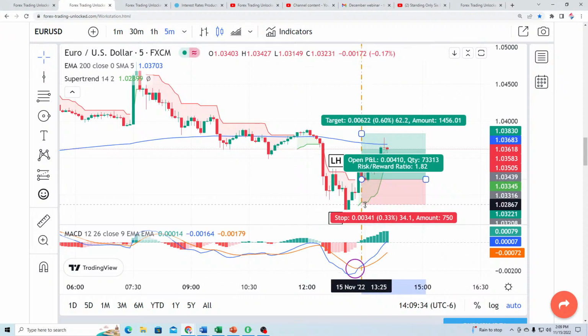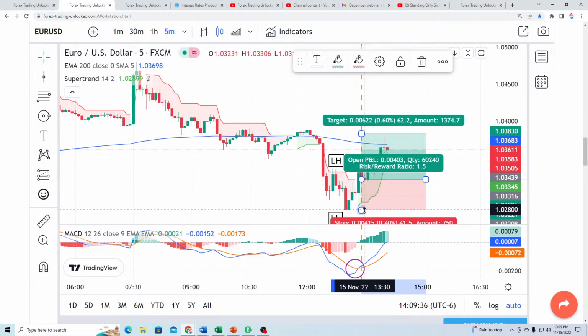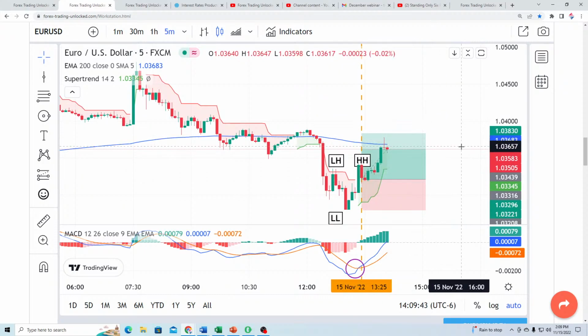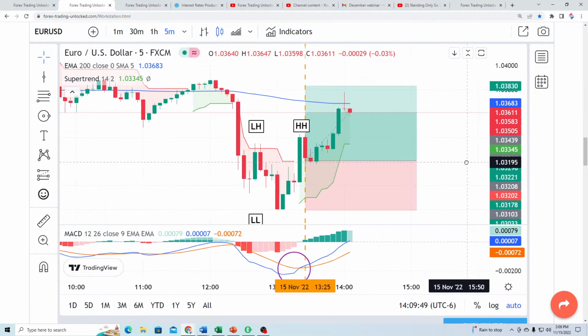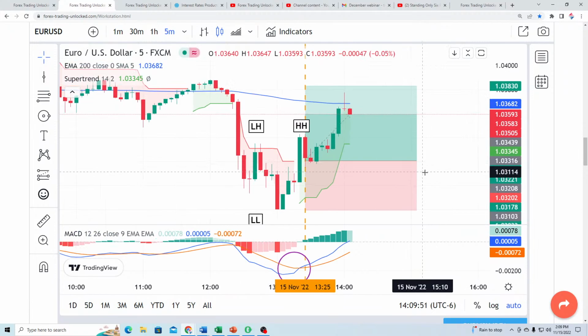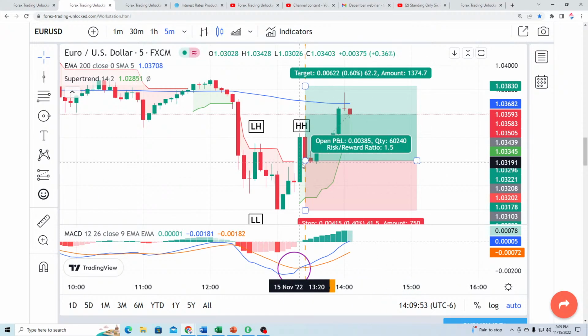We use our long entry, we put our risk right here at the low, and you can see we have a 1.5 target to the upside. We are just shy of that right now. So currently in the euro US dollar, we have this trade that is going on right now, and you can see that it was taken on this bar, and we were able to get the price executed here, or around that you would have been able to.